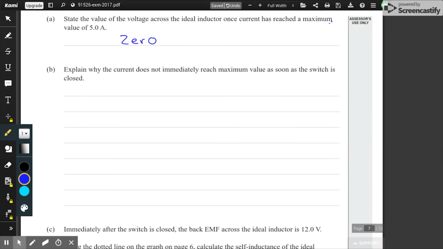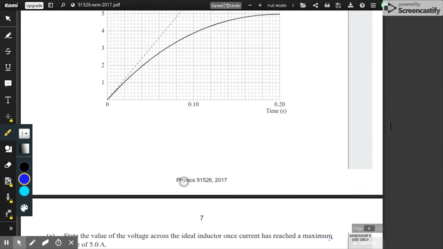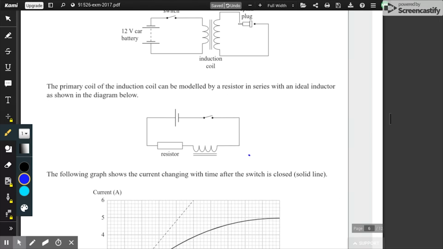All right. Explain why the current does not immediately reach maximum value as soon as the switch is closed. So let's look at what's going on here. We have an inductor in a circuit, and there are a number of ways to look at this, but I'll try to break it down as step by step as I can. As the current starts to increase, a magnetic field is established inside this inductor.